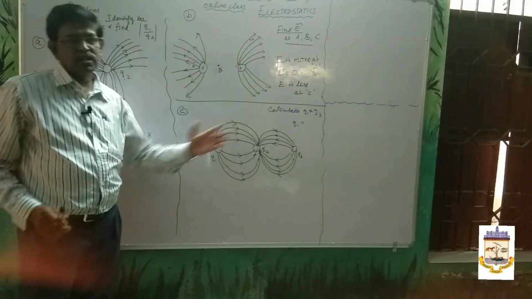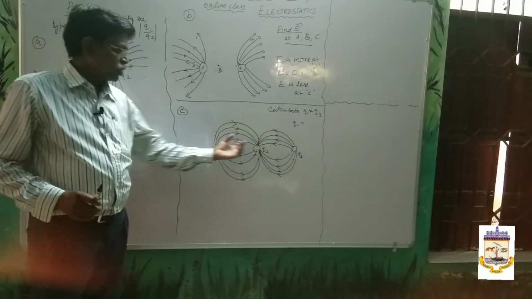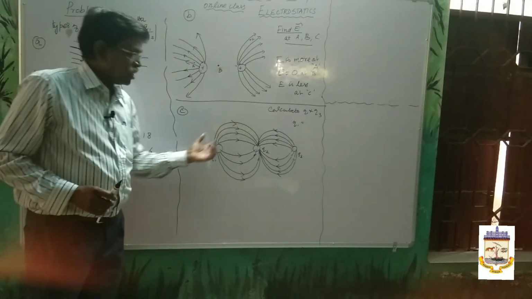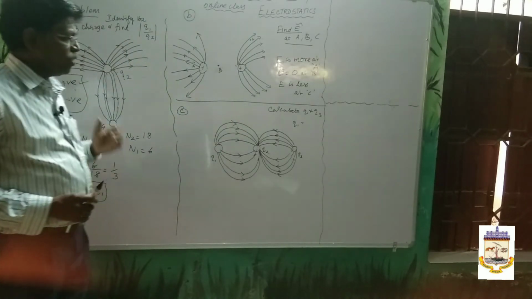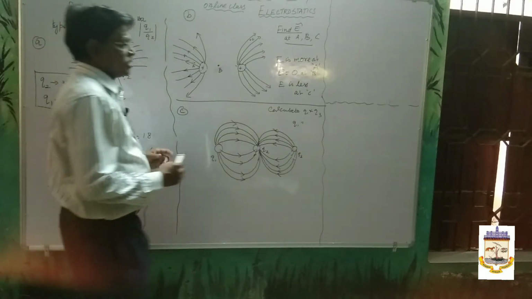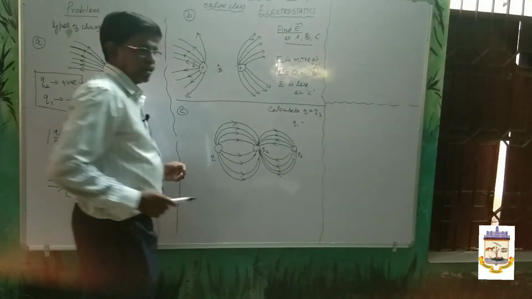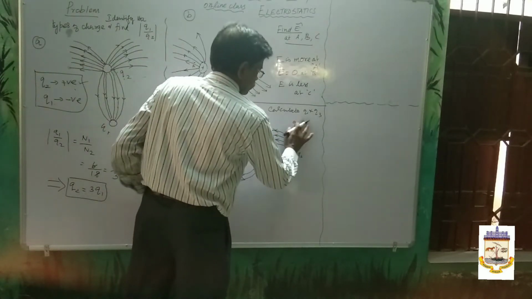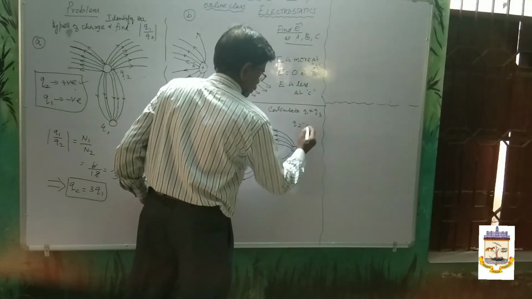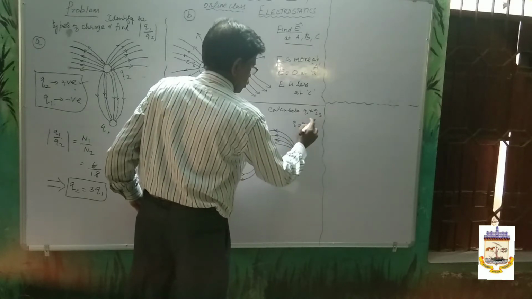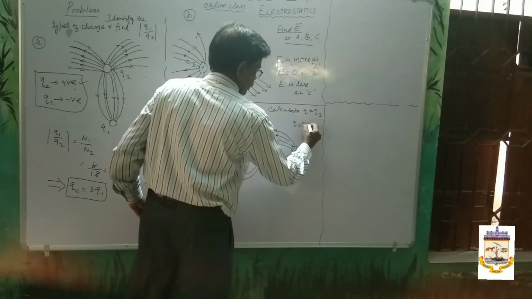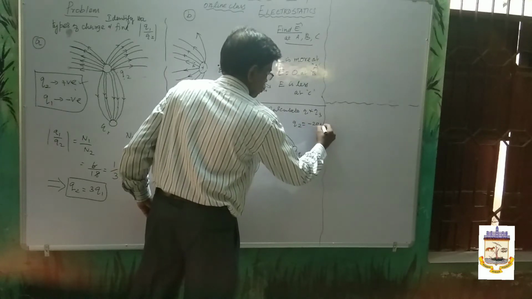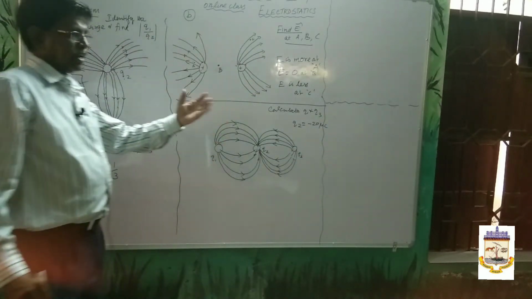So, 3 charges are there, Q1, Q2, Q3. The lines are drawn, and arrow marks are mentioned. What you have to calculate is Q1 and Q3. Q2 is given, say minus 20 microcoulomb, whatever it may be, some value.